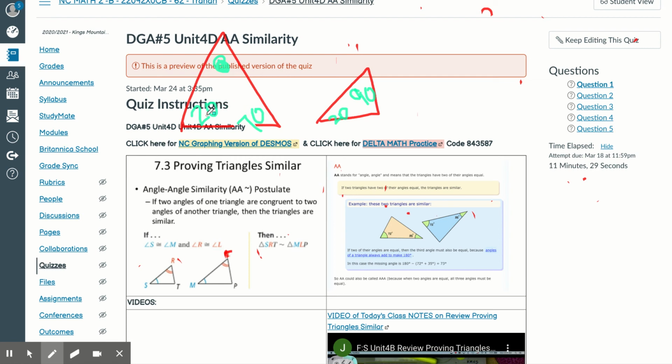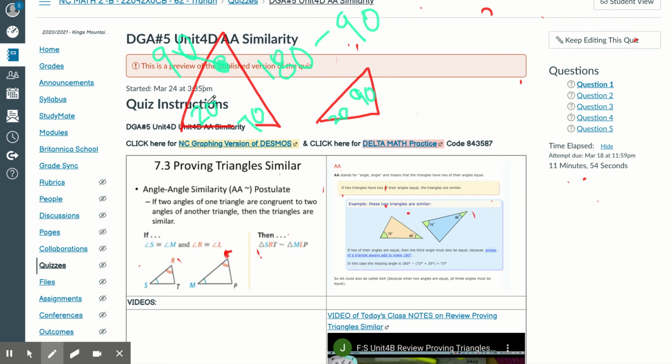So 70 and 20 is 90. 90 take away from 180, because like I said, all triangles will give you 180. If I subtract 90 from that, what's left to represent that angle right here is 90, because 180 minus 90 is in fact 90. So that shows you that this angle X here is 90.